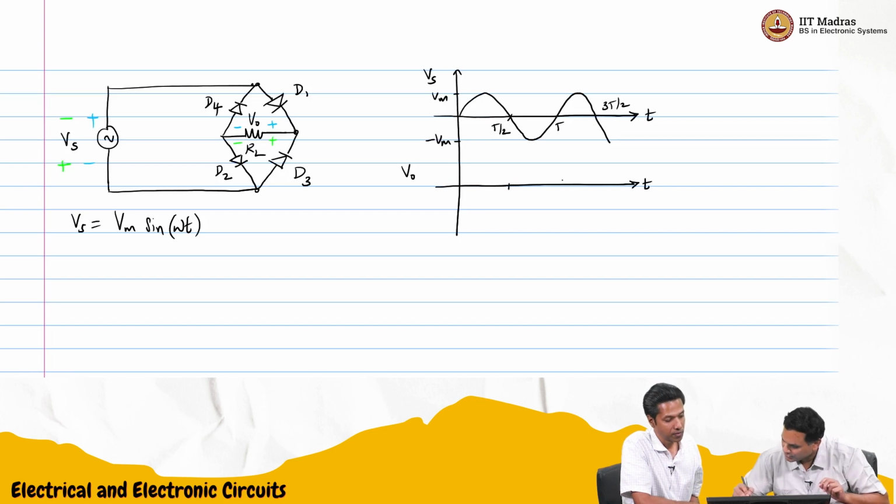So I'll just mark these points: T by 2, T, 3T by 2. Maybe I'll show those colors.